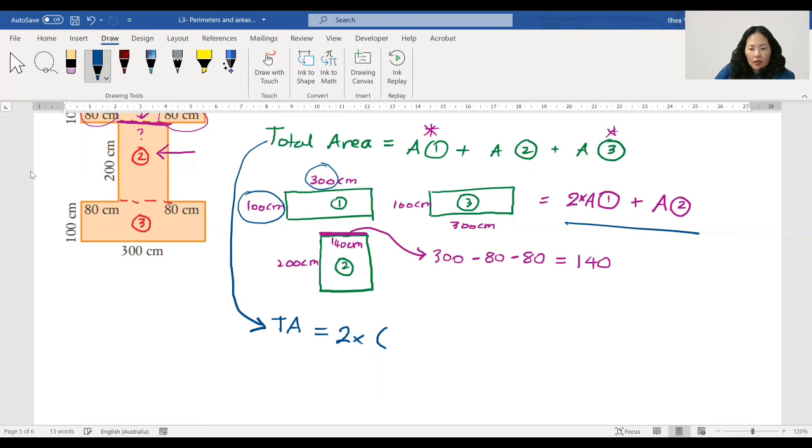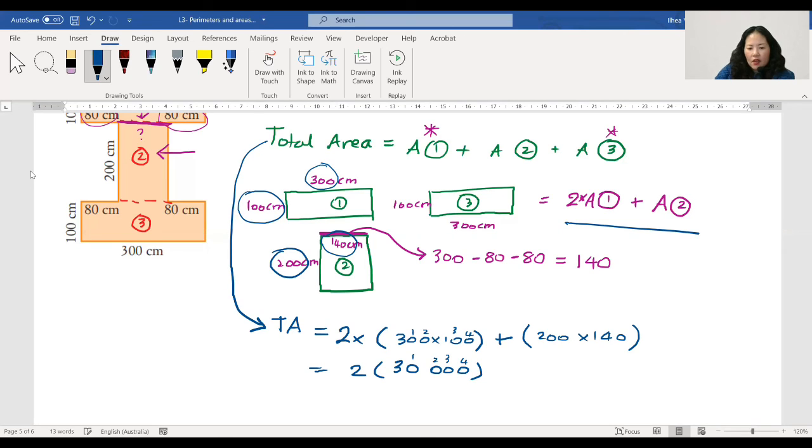And then plus area 2, which is 200 times 140. So put that in your calculator. Now 300 times 100 is 30,000, because there's 1, 2, 3, 4 zeros.